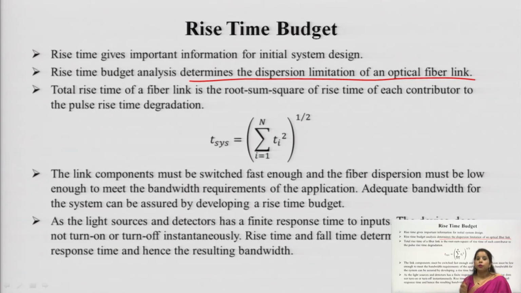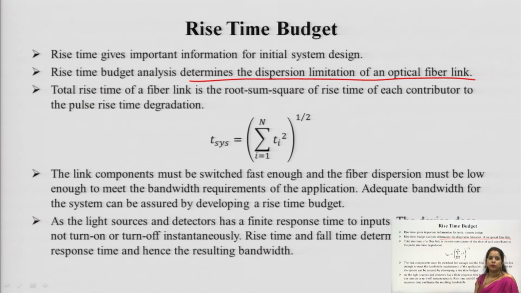But here, which type of analysis is the rise time budget analysis? Not a power budget analysis. Sometimes students get confused between the power budget analysis and the rise time, but whenever power budget analysis is asked, you describe the previous one, and whenever rise time budget analysis is asked, then you come to this.